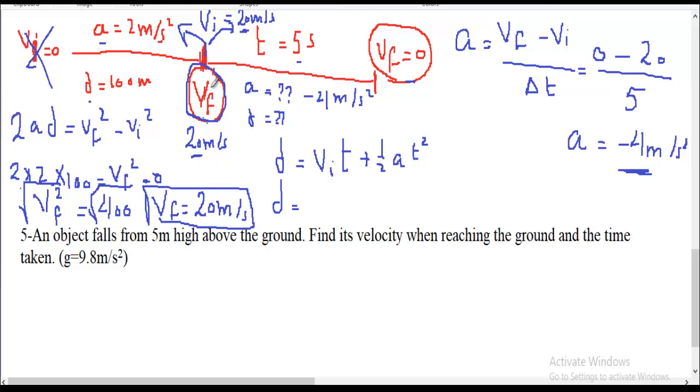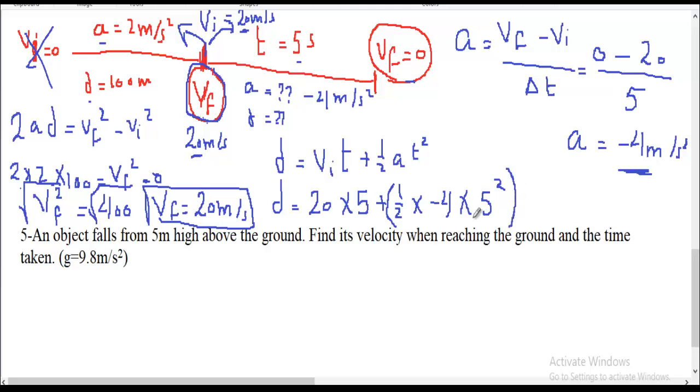I'm talking about this period. So Vi here is 20, times time, which is 5, plus half times negative 4 times 5 to the power 2.